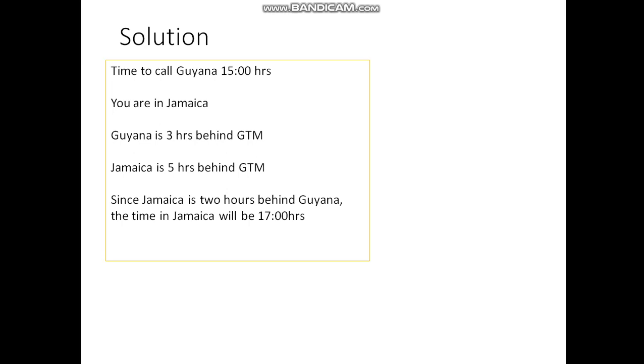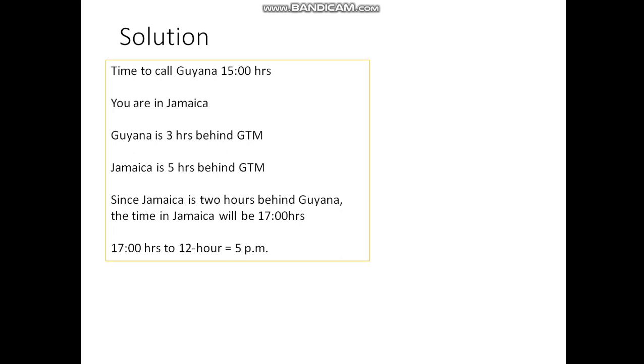You are in Jamaica. Guyana is 3 hours behind GMT time. Jamaica is 5 hours behind GMT time. Since Jamaica is 2 hours behind Guyana, the time in Jamaica will be 1700 hours. So 1700 hours on the 24-hour clock will be 5 p.m.